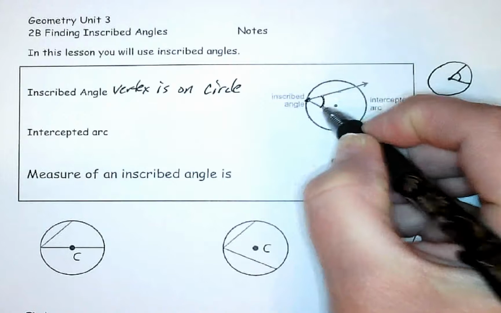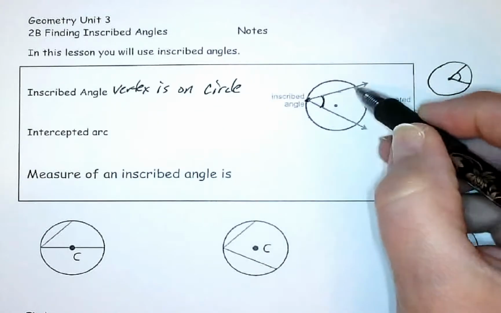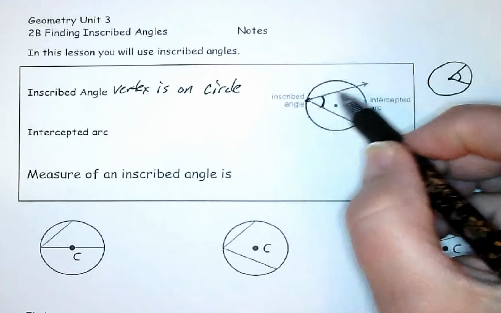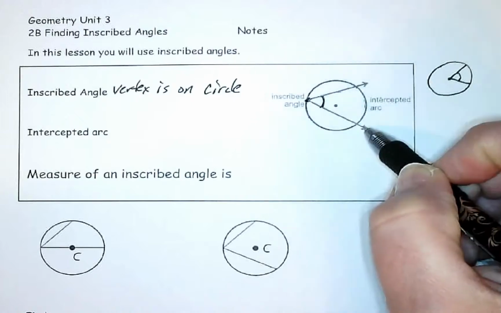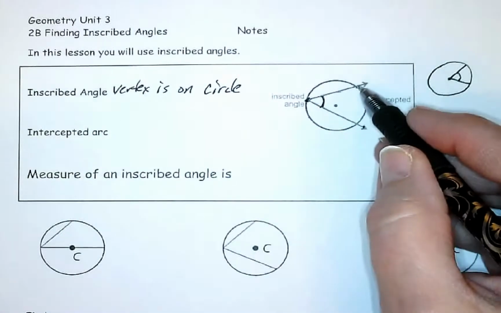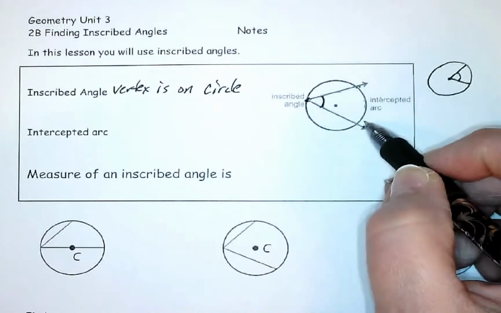There's my inscribed angle. Its intercepted arc is the part of the circle, this arc, that is intercepted by these two sides here. Okay, so the intercepted arc is the part of the circle where that angle comes out at.